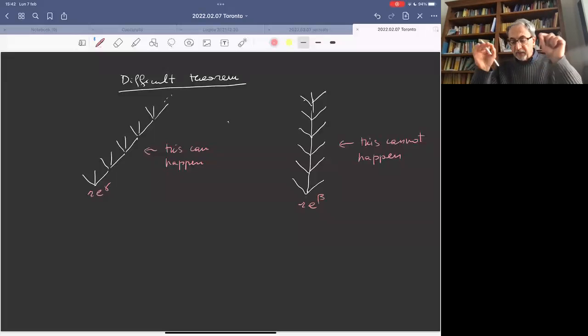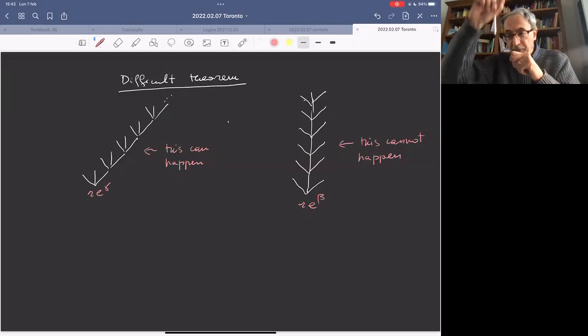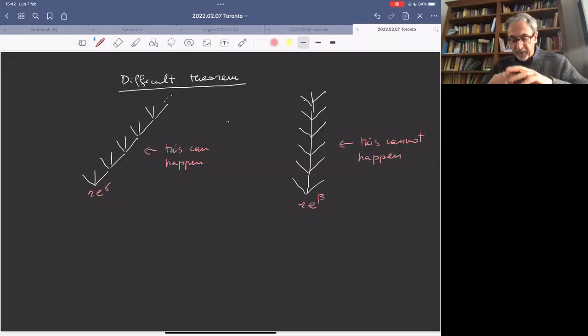So if you start in the tree of all finite paths, starting from a given term, you have some restrictions on the kind of trees that can arise. Some trees can arise and some other trees cannot. And what is so special about the first one and not the second one?